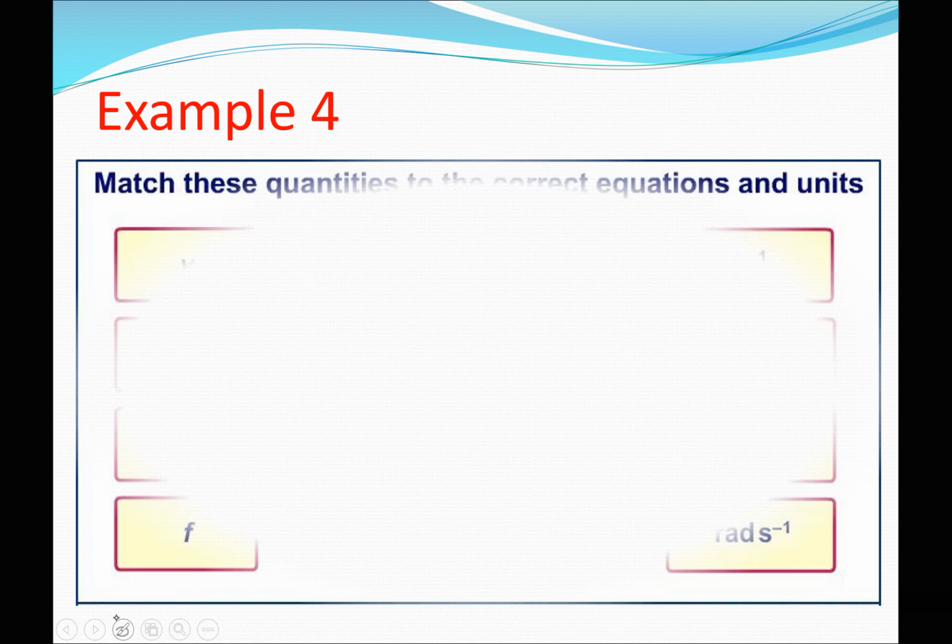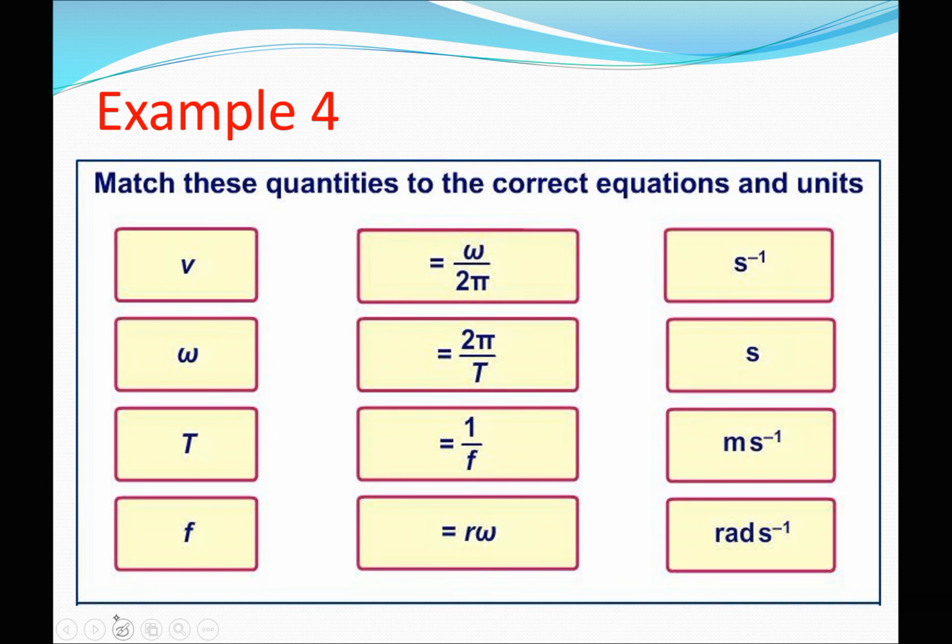Example number 4. Match these quantities to the correct equations and units. You can pause the video and try to match this, because this is like a summary. But I'll just match this very fast.